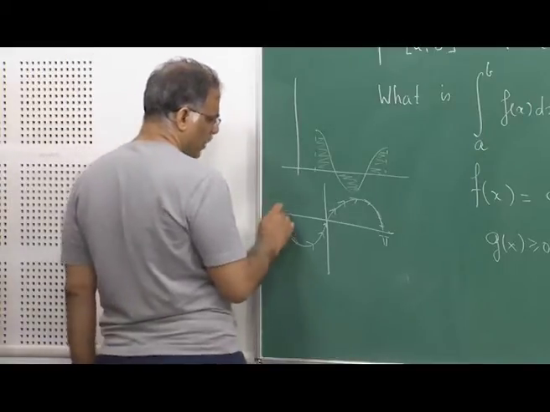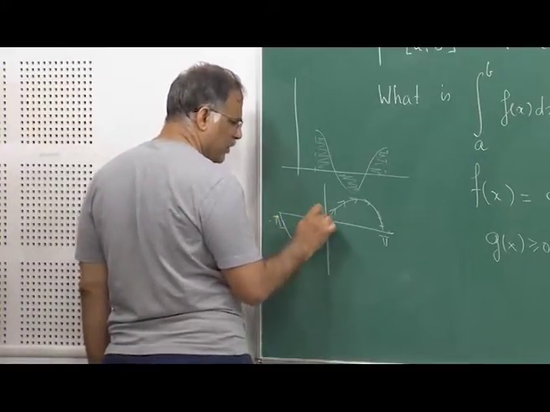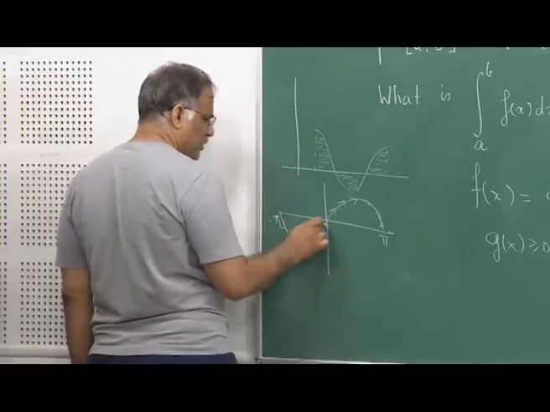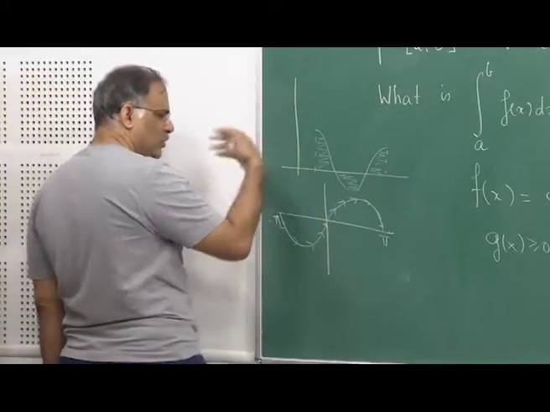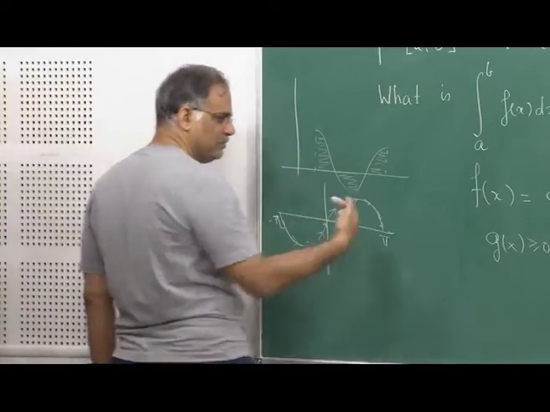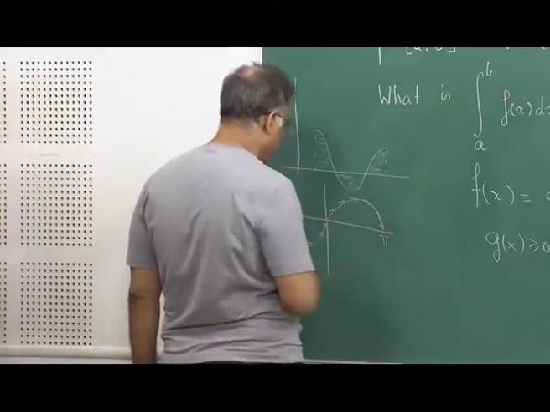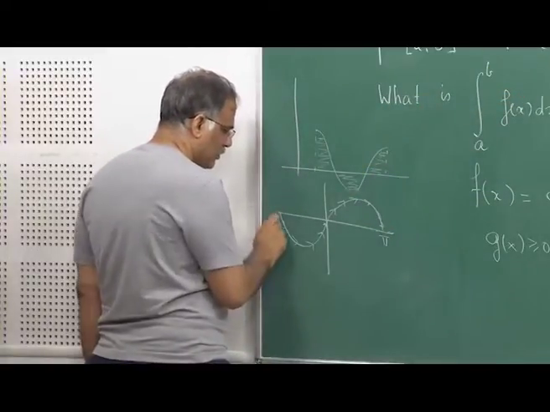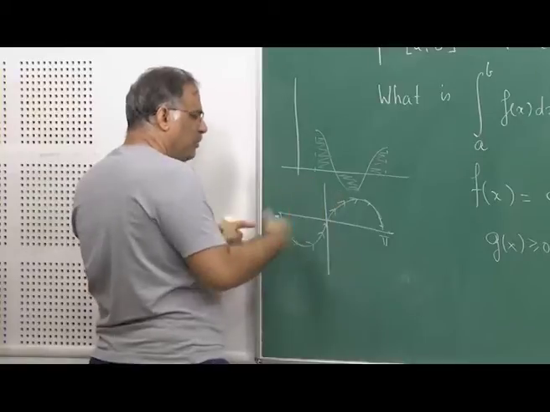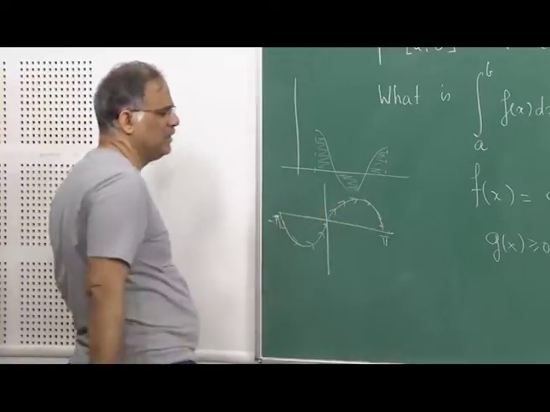So I can actually break from minus pi to 0 and 0 to pi, but from 0 to pi again, that negativeness would come the way that has been defined. And then when you add the two negative things, they will cancel.